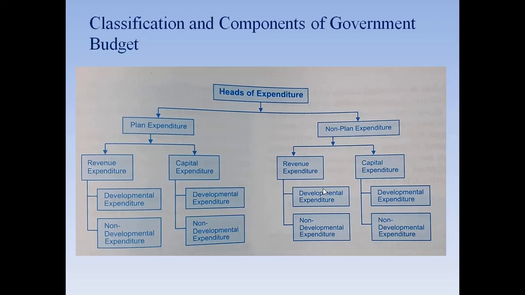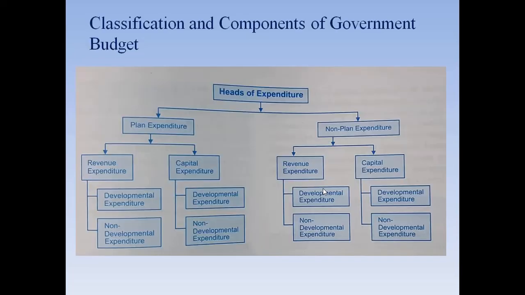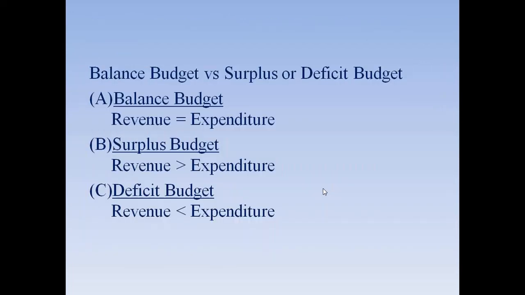Now the dam must be constructed. So that is your non-planned expenditure. It's very simple. You must go through this once. Feel free to ask. Please communicate with me. If you face any kind of problem, please let me know.